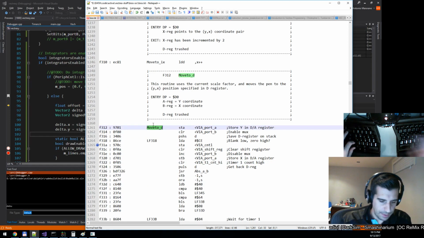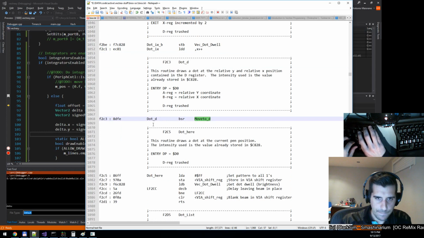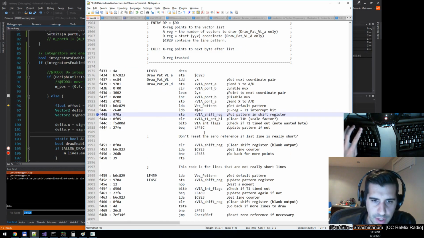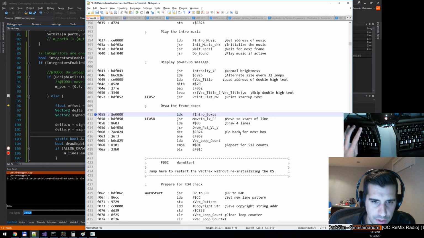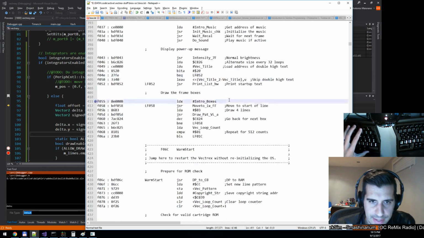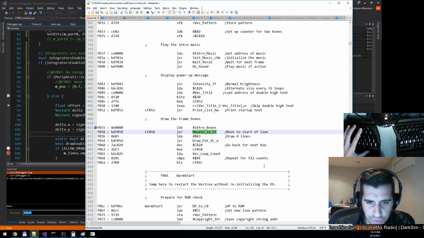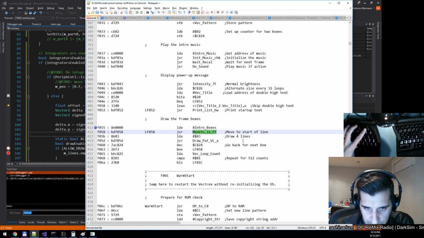Move to D. Oh, I gotta go back to here. Draw frame box. If I'm not mistaken, ramp should be disabled. What would disable ramp here? Because move to IXFF here definitely has to turn on the ramp to get things to move.